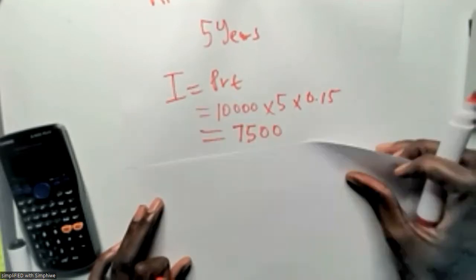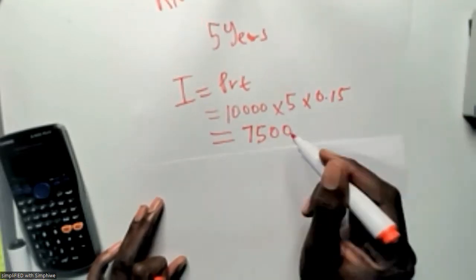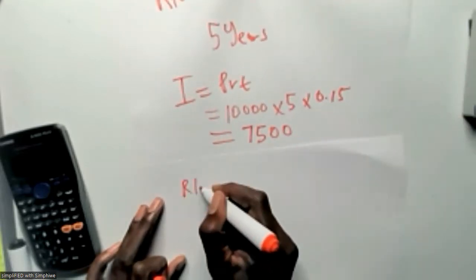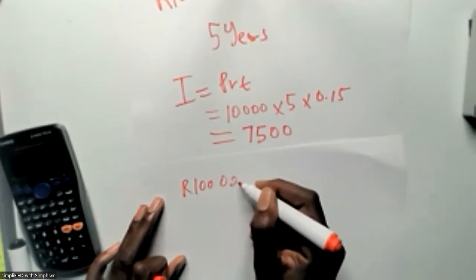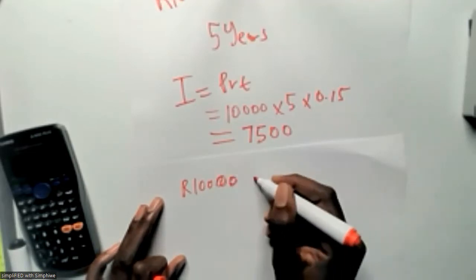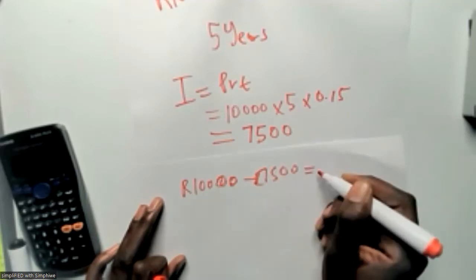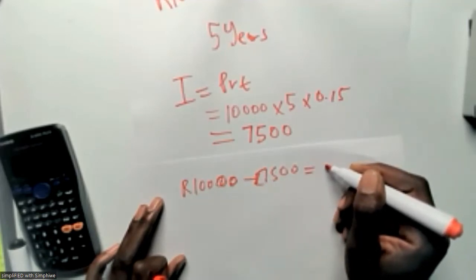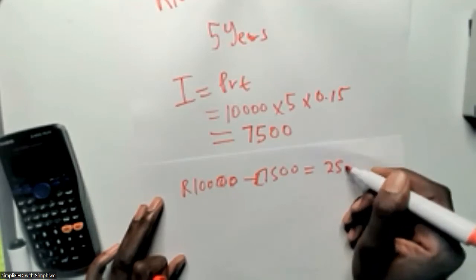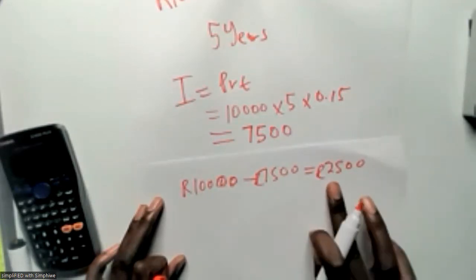And the bank says, no, instead of paying this money, let's charge you the interest now. So from the 10,000, you can pay the interest now of 7,500, and then what is left we give you now. So you will be left with 2,500 rand. So this is the money you would be getting now.